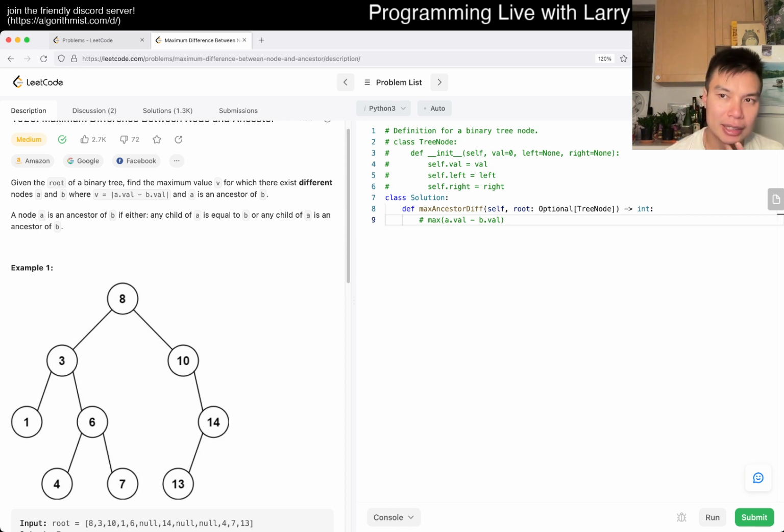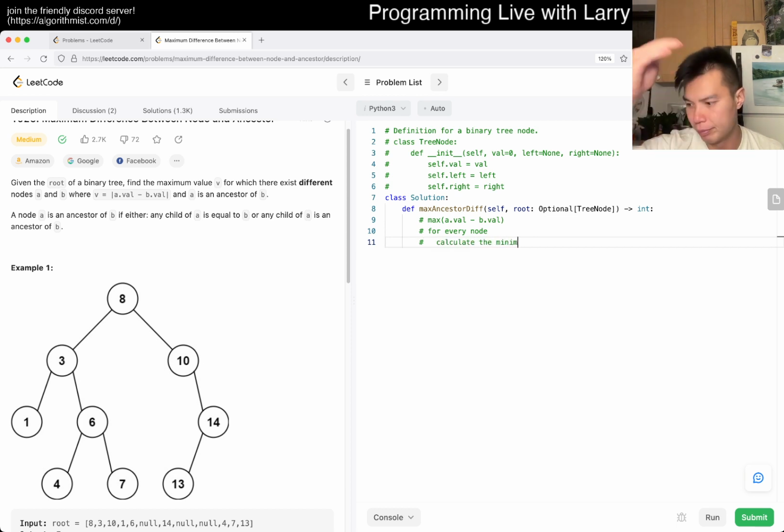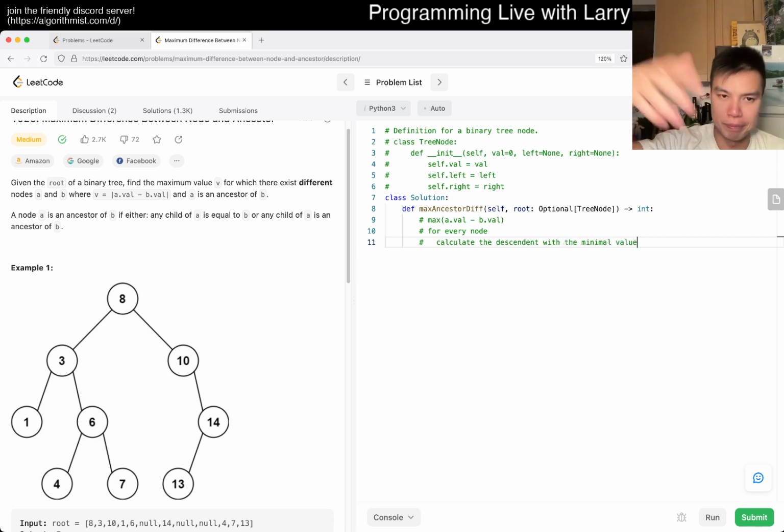In that sense, we'll consider every node, and another way to phrase it is that for every node, calculate the minimum descendant, the descendant with the minimal value, right? Then we can do the calculation and take the max over the entire thing for every node. So that's one way of doing it.